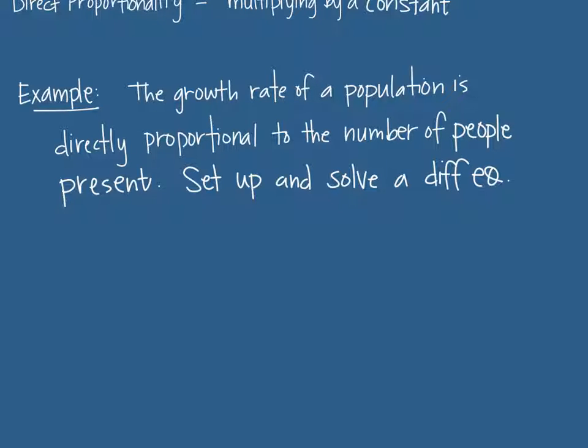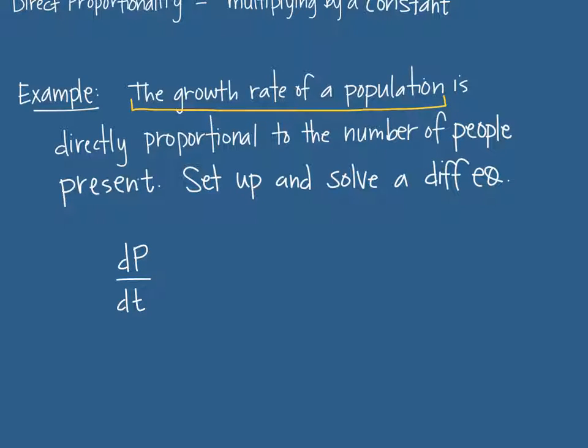All right, so let me walk you through how to do that and how separate and integrate fits into that. So we start with the growth rate of a population. Growth rate is always a derivative, and a rate is always with respect to time. And so we've got dP/dt. That is the growth rate.